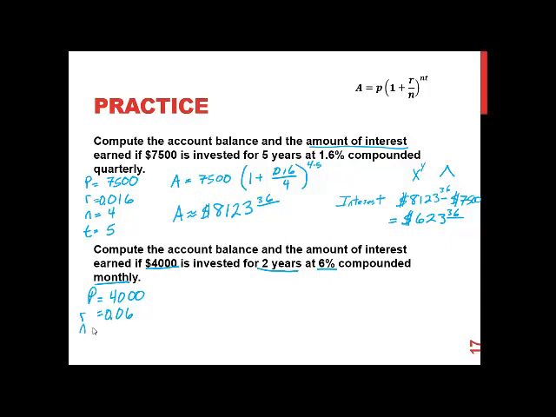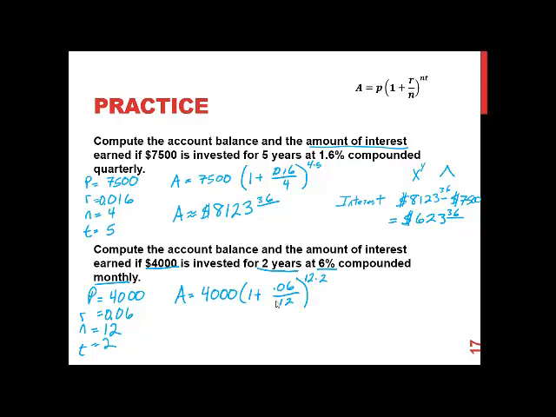The number of times per year, monthly, is 12 times per year, and the number of years is 2 years. And when we put all this together, A equals 4,000 times the quantity, 1 plus 0.06 over 12, all raised to the 12 times 2.